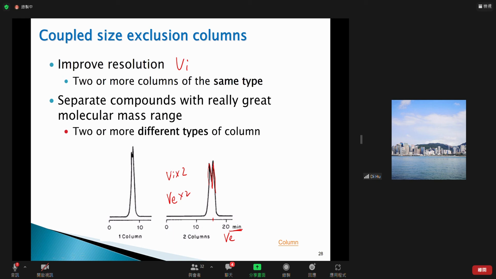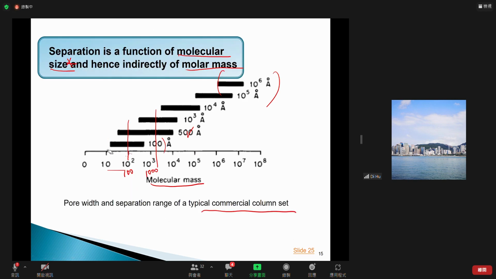And if you separate compounds with a really great molecular mass range, for example something from about 100 to 10 to the fourth, and something from 1 to, say, 10 to the fifth, which column should I use? If the molecular weight is from 100 to 10 to the fifth, which column should I combine together?